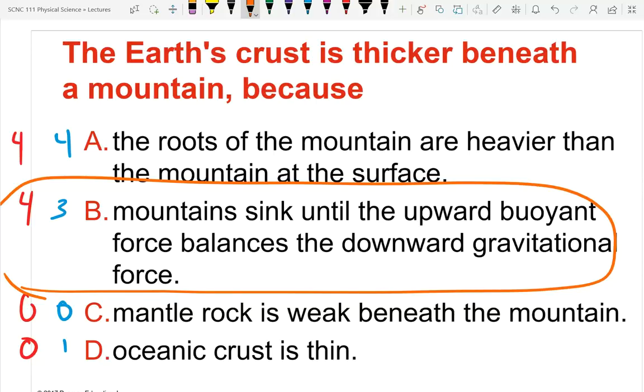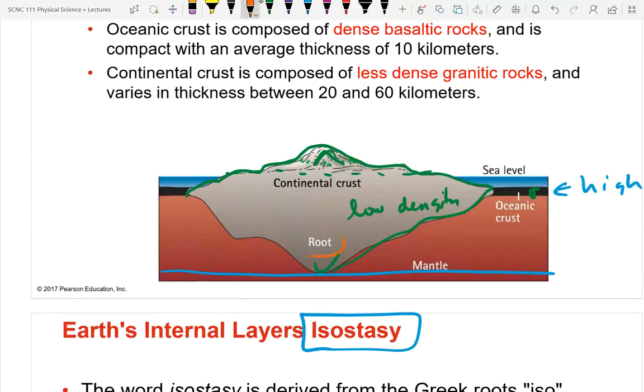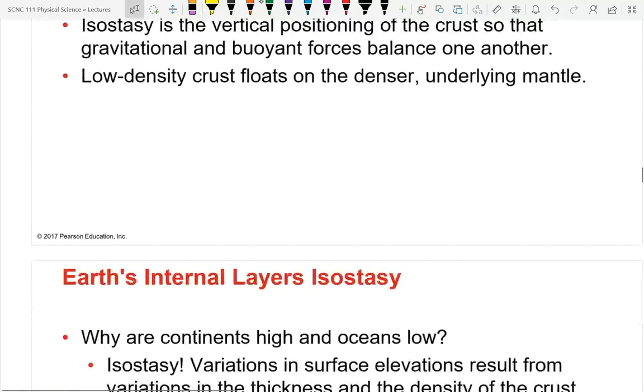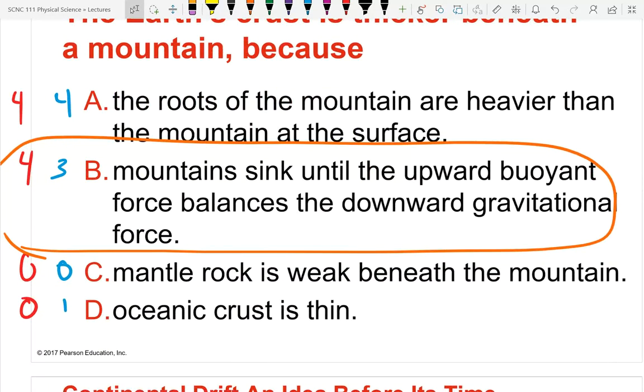Well, I didn't know what you were referring to in the roots, but it just made sense because obviously there's going to be more weight if it's above, so you have to balance between gravity going down and then. Right. The whole principle of isostasy is that you have to have a balance between the downward force and the upward force. And because the continental material is less dense, it floats higher.